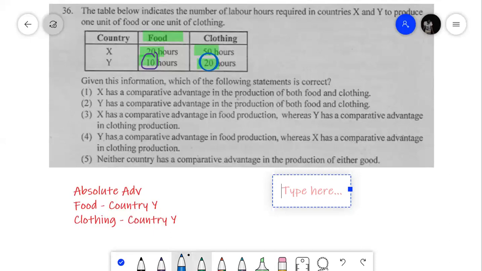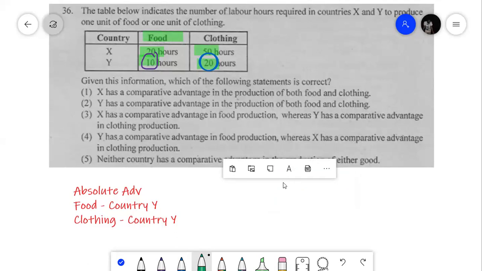Now remember when you're finding opportunity cost here. Tell me the opportunity cost of country X for producing food. Is it 20 divided by 50? Yes, for food, it's 20 divided by 50.